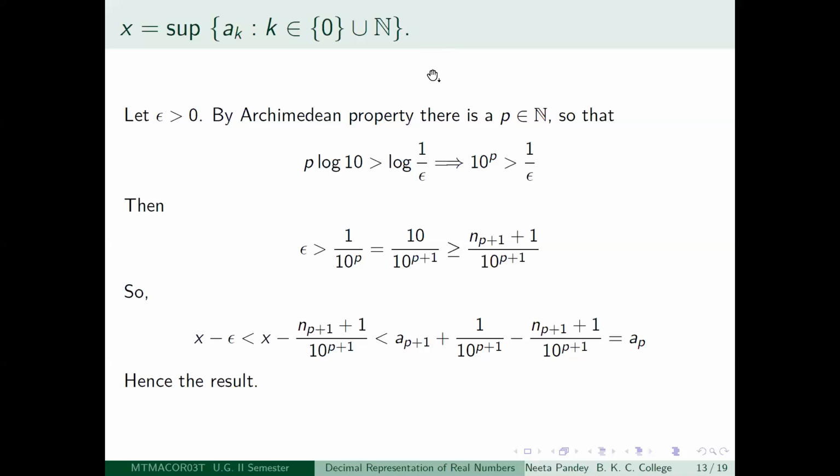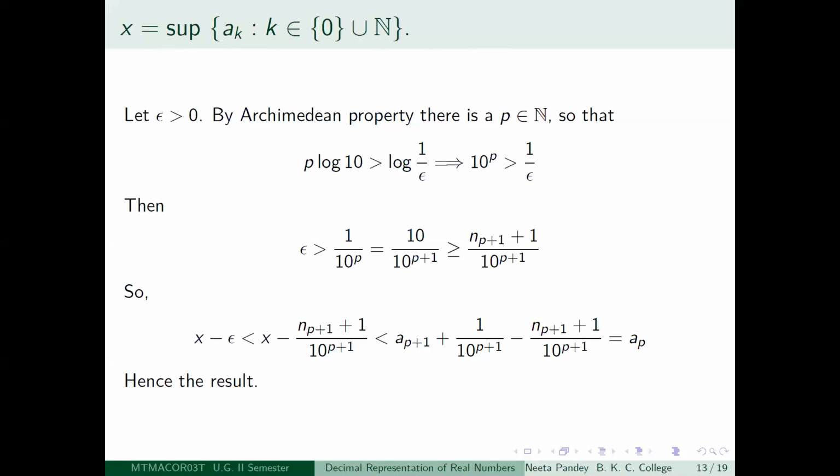You partition that small line segment which starts with n1 by 10 and ends at n1 plus 1 by 10 into 10 equal parts, and then find the little line segment inside it described by the endpoints n2 by 10 squared and n2 plus 1 by 10 squared, and look at x in between that, and so on. In this fashion you are reaching a point, and that point is going to correspond to x. This is what you are trying to say in different words.